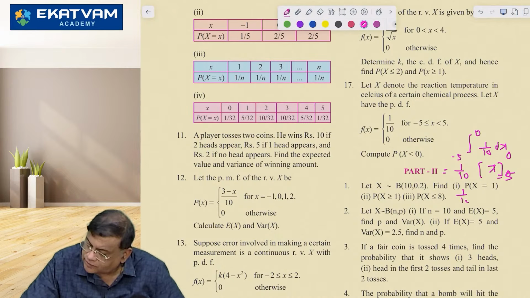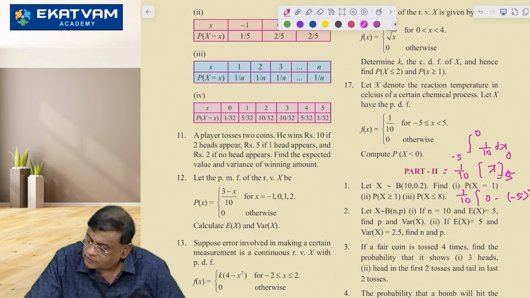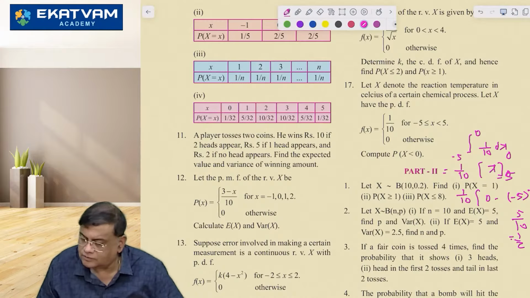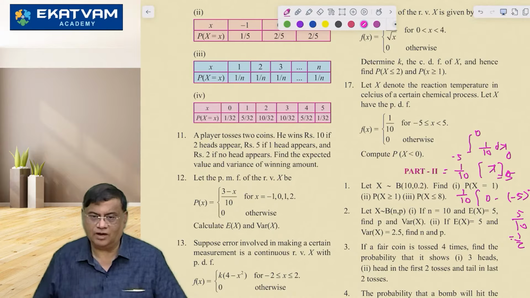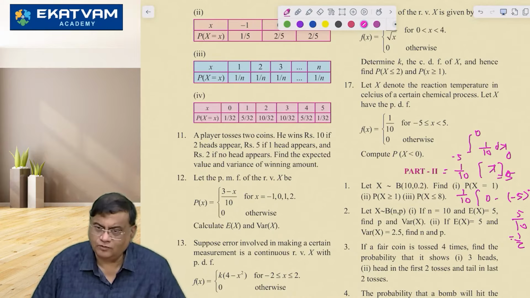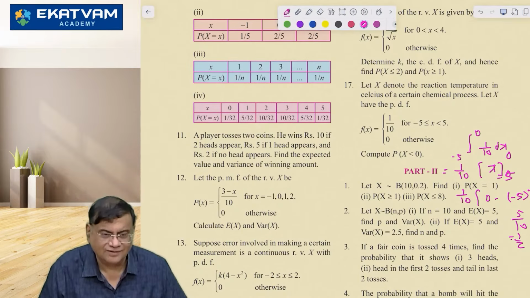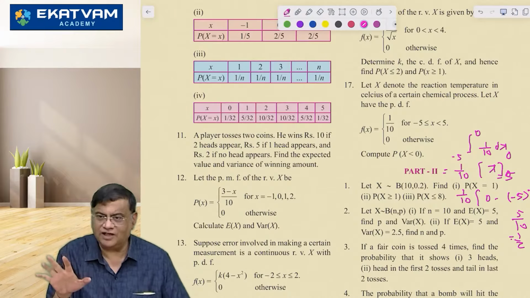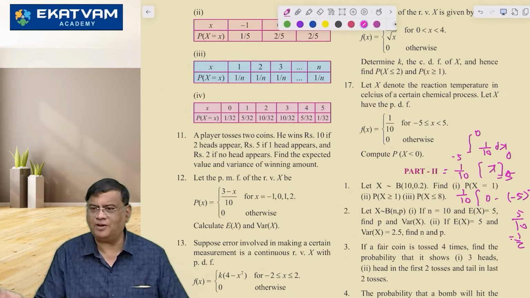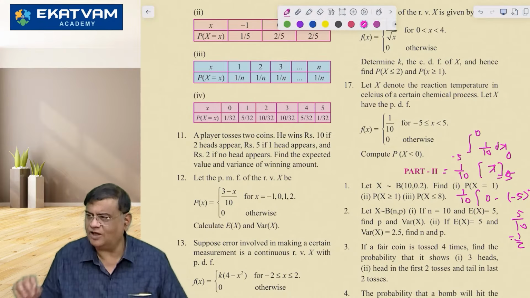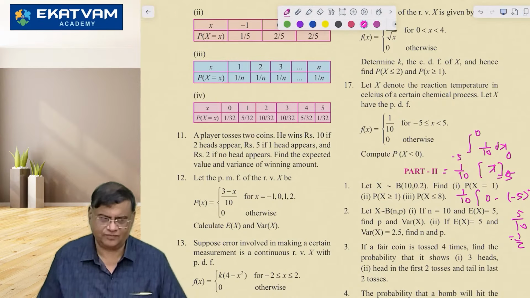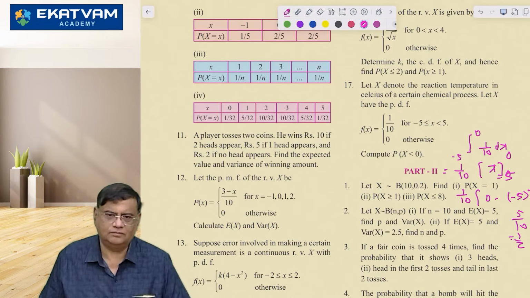So it will be 1/10, 0 minus -5, which is 5 by 10, which is 1 by 2. Simple. समझा? एंड दैट वाज क्वाइट एक्सपेक्टेड, क्योंकि -5 to 5 इसके बीच में 0 आता है ना, तो 0 तक की प्रोबेबिलिटी हाफ और 0 के बाद की प्रोबेबिलिटी भी हाफ, तो वैसे भी हाफ एक्सपेक्टेड था. समझा क्या बात?